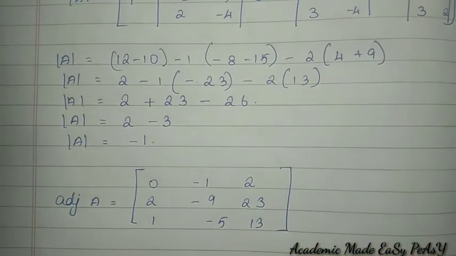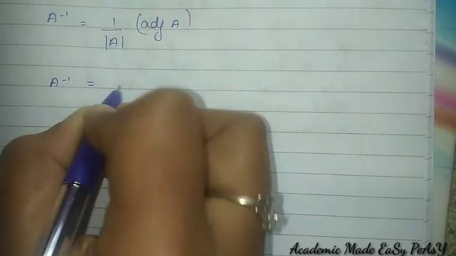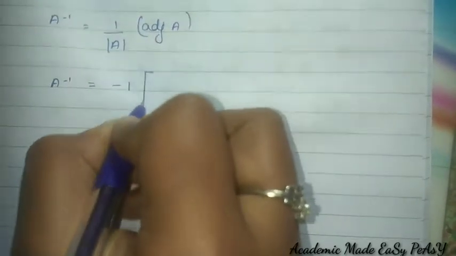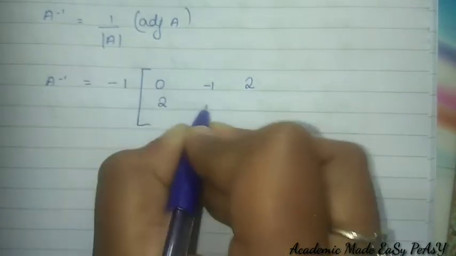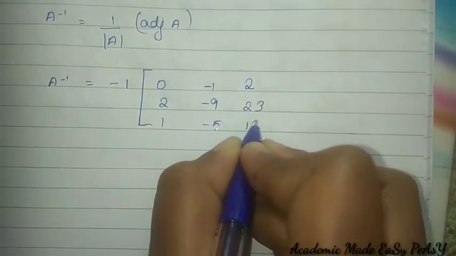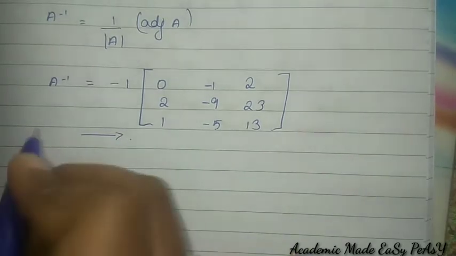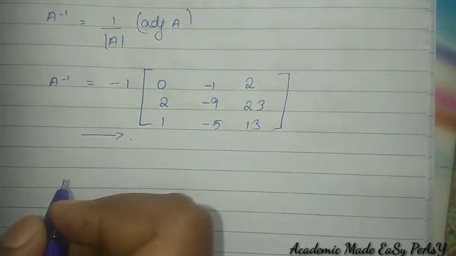So this is adjoint A. So now A inverse is equal to 1 by determinant A into adjoint of A. So now A inverse is equal to minus 1 into, what is adjoint? 0, minus 1, 2, 2, minus 9, 23, 1, minus 5, 13. So now first part is over.